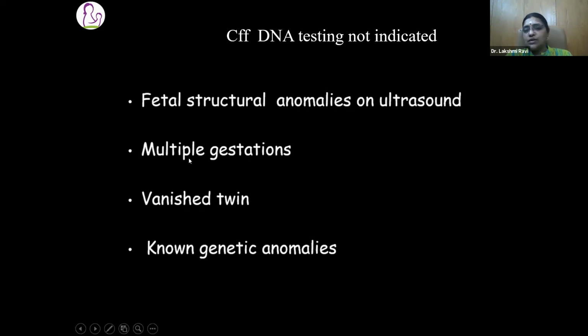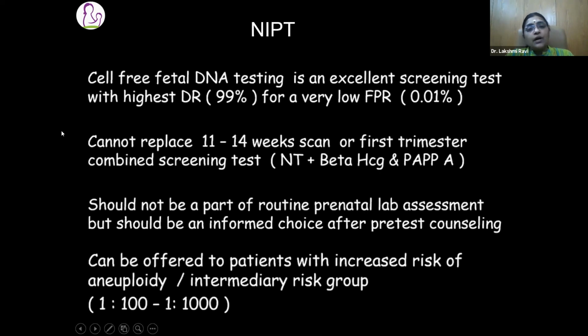And obviously, in multiple gestations, of course, some groups are still using NIPT, but in vanished twins and known genetic anomalies, NIPT is not that good. And cell-free DNA testing is an excellent screening test with higher detection rates and low false positive rates, but it cannot replace the 11 to 14 week scan or the first trimester combined screening test, because the 11 to 14 week scan is an anatomical scan.